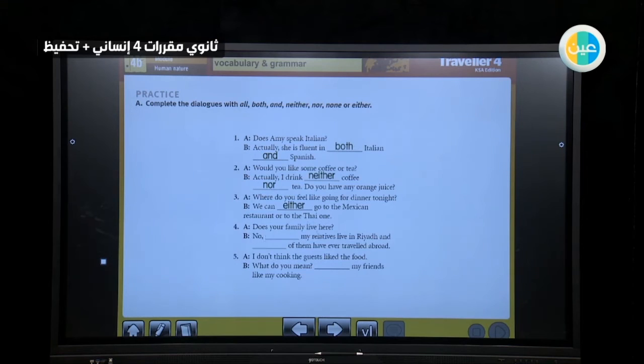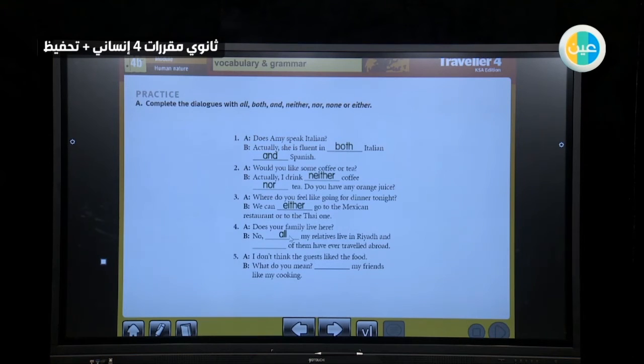Does your family live here? No, my relatives live in Riyadh and none of them have ever traveled abroad. So here we can say, no, all my relatives live in Riyadh.